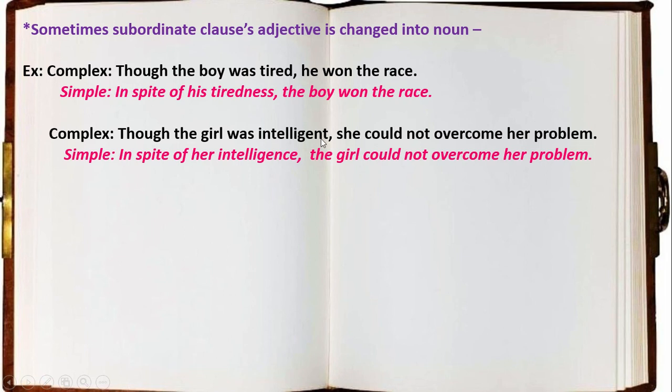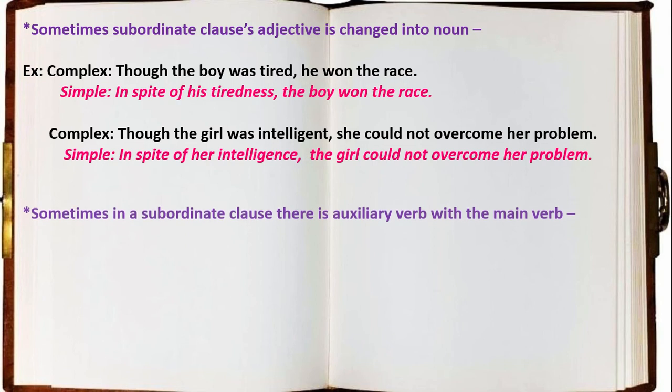Though the girl was intelligent, she could not overcome her problem. In spite of her intelligence, look, the girl, this subject's possessive is her, and this noun will be given in this principal clause. Remember this. In spite of her intelligence, the girl could not overcome her problem.